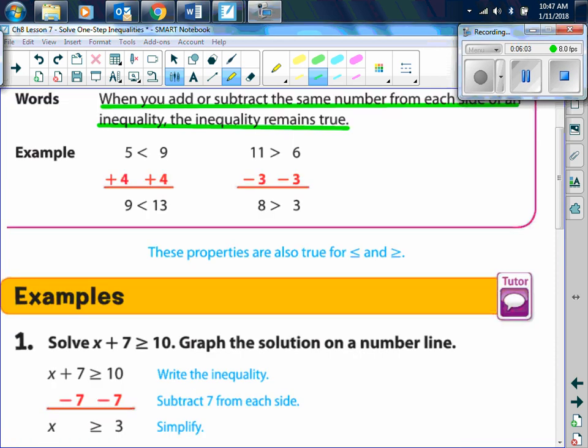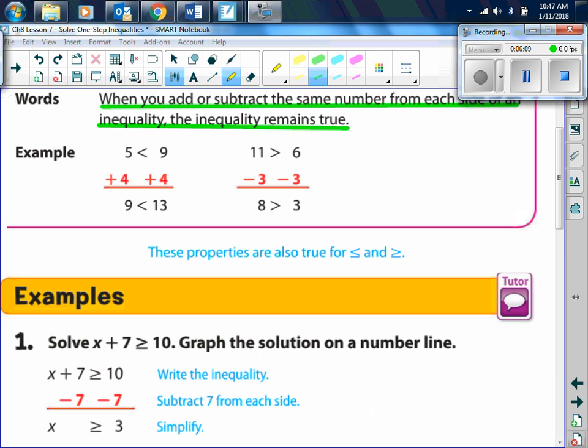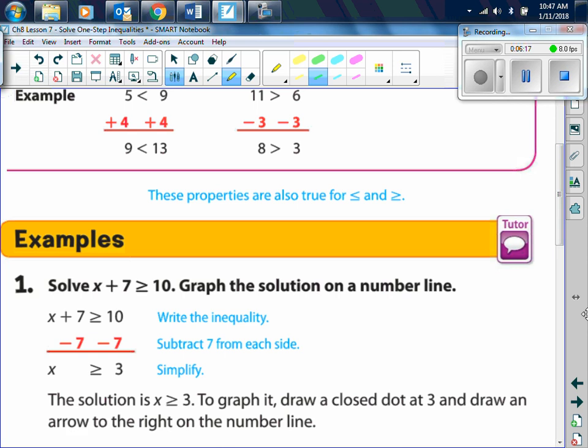So for example 1, we are going to solve x plus 7 is greater than or equal to 10. And we want to graph it on the number line. So when we are solving, remember we're going to use our cover-up, right? So we're going to cover up what we're solving for. So we're going to cover up x.